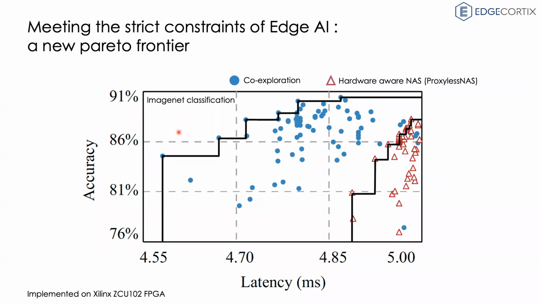And clearly, if you use such a co-exploration design strategy, then a significant shift in the Pareto frontier can be achieved. A Pareto frontier is what you get by looking at the lowest latency and highest accuracy, in this case, for this algorithm versus this algorithm. You can effectively reduce your latency significantly as well as increase your accuracy.